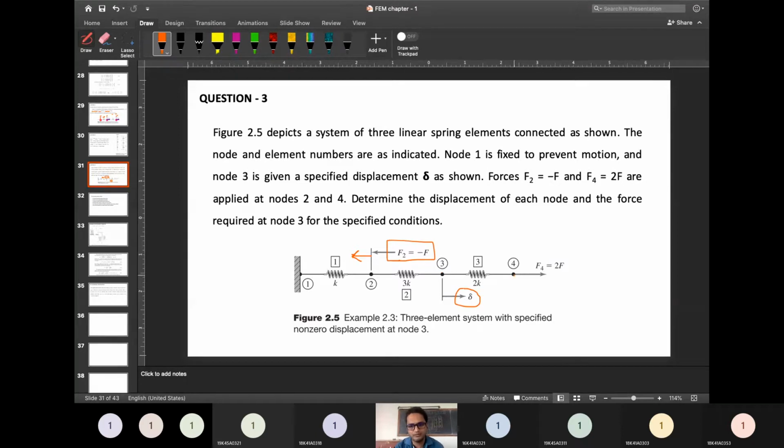And at node number 4, you can see some force is applied over here, F4 equals 2F. So I want you to solve this numerical today. I will upload it into your Canvas as well as Teams. Go through this question and try to solve it.